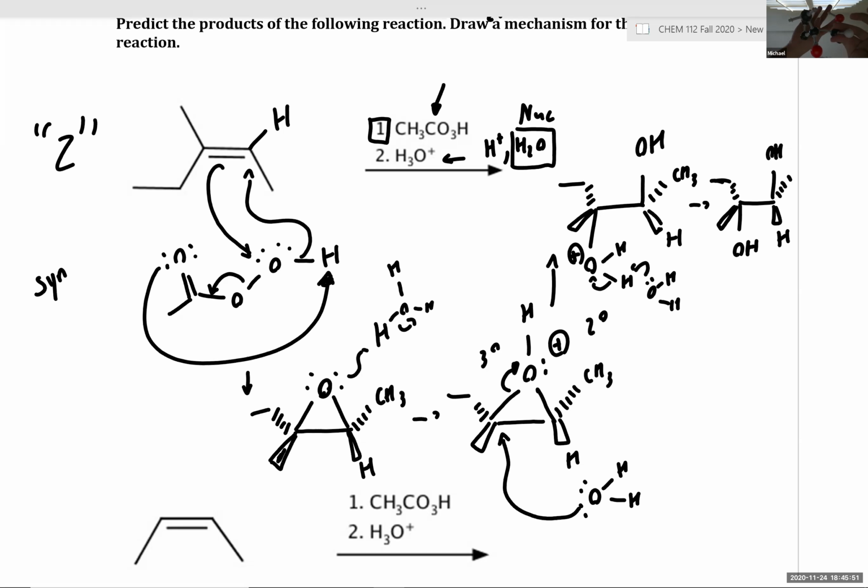Okay, notice how both our alcohols are on the opposite face of our molecule. We notice that on the right-hand side, we have our hydrogen in front and our methyl in back. On the left-hand side, we have our methyl group in front and our ethyl group in back, exactly matching the drawing that we generated.